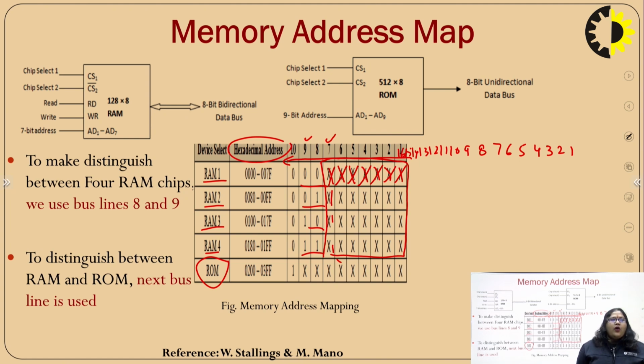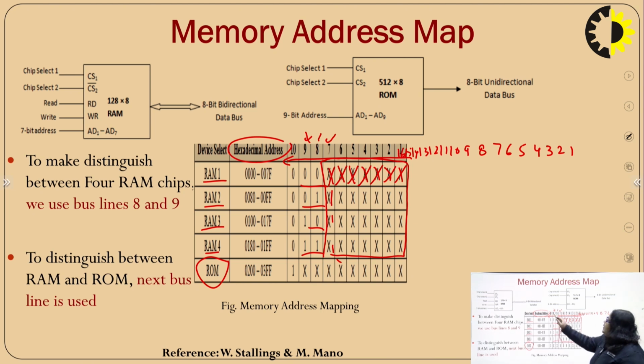These bits 0 0, 0 1, 1 0, 1 1 are for RAM 1, RAM 2, RAM 3 and RAM 4. So for this binary system we use 2 bits, the 8th and 9th, to designate the type of RAM, RAM 1, RAM 2, RAM 3 or RAM 4.